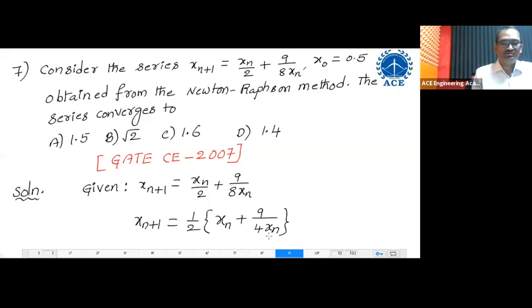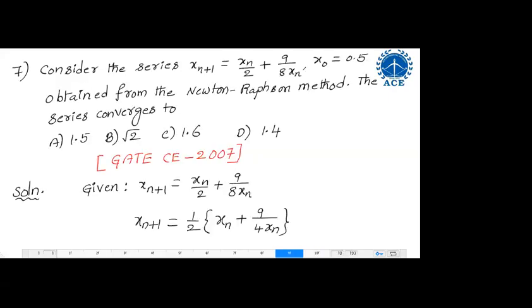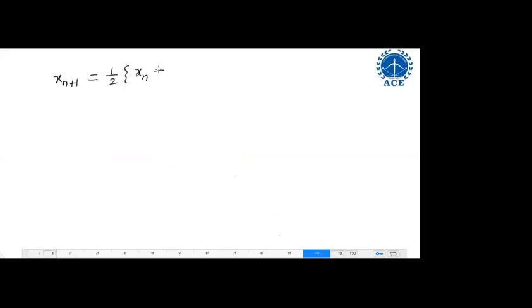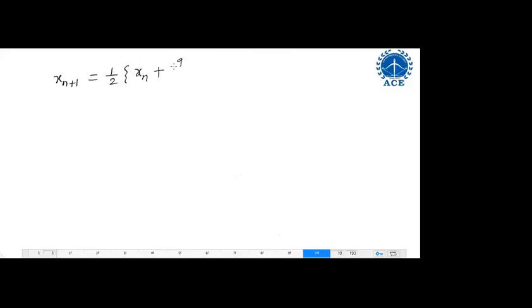I can also write like this: 1 by 2 into xn plus, taking this 4 in the numerator, 9 by 4 divided by xn. Please verify the formula of square root of a number.